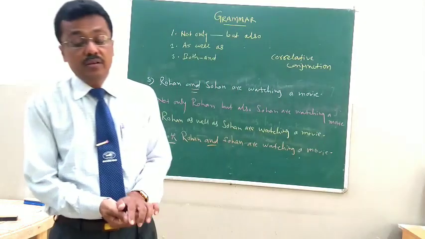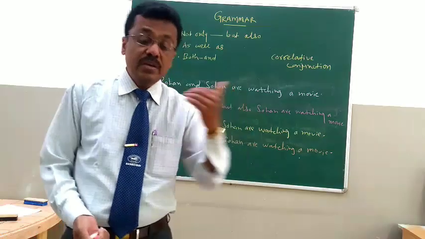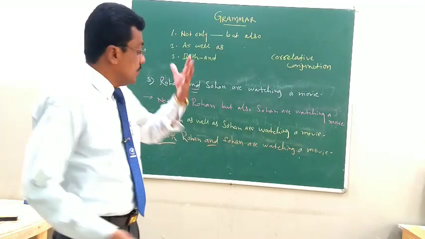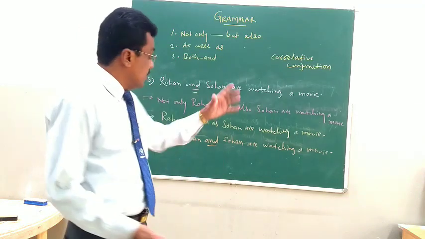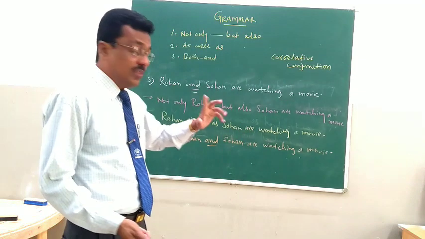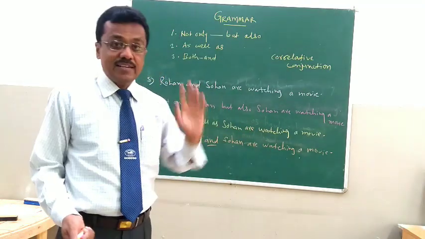This example, rare examples are also coming in examination. Sometimes two independent sentences are coming, sometimes one single sentence, sometimes two different subjects in one single sentence, sometimes two different objects in one single sentence.